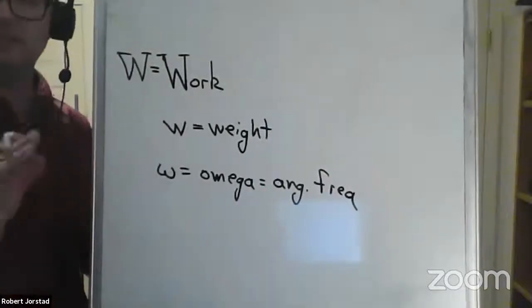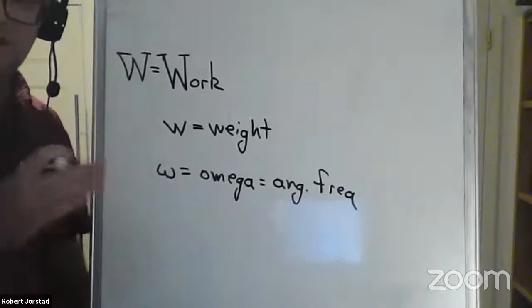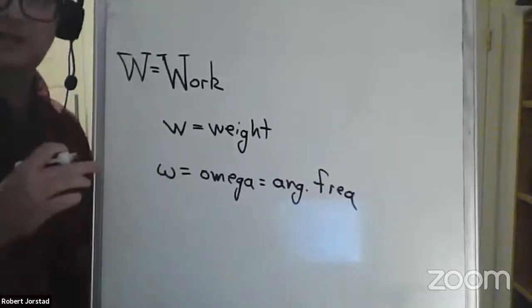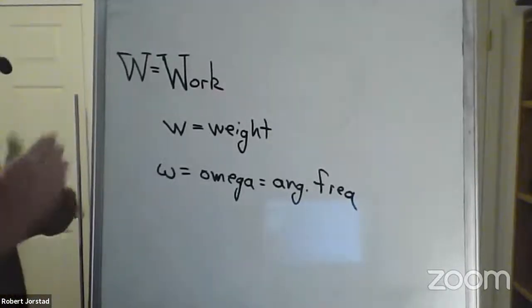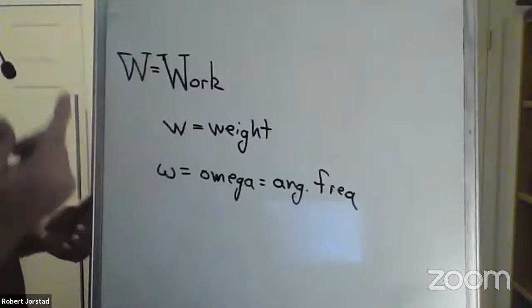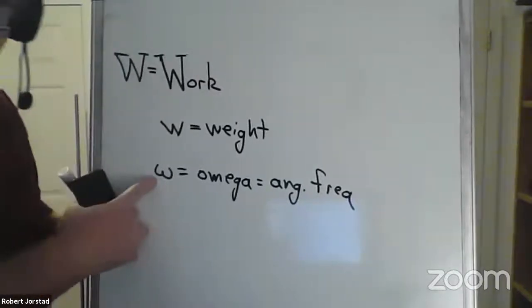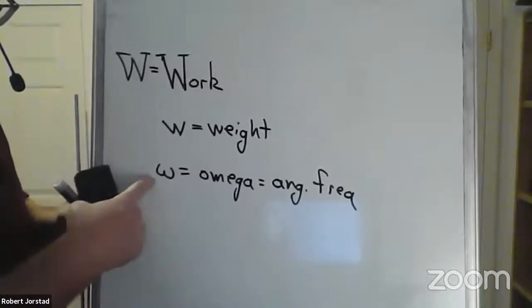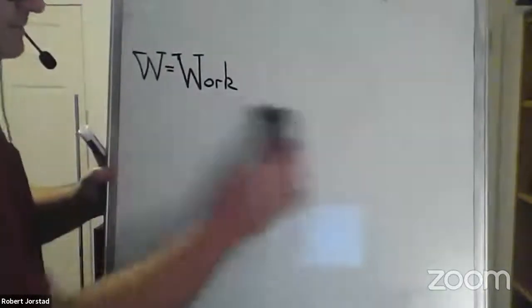So we have to be a little bit careful just with your lettering. I recommend that you do something in your own work to clearly distinguish between lowercase and uppercase W, just because this is kind of somewhat standard. Lots of people use lowercase w for weight, capital W for work. And omega is curly. Don't say W, but that's fine if you do a few times. I'll try to keep correcting you. This is omega. So those are the symbols that we're going to use.